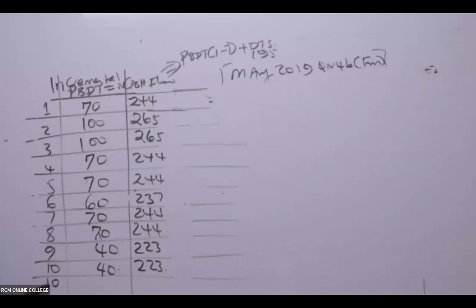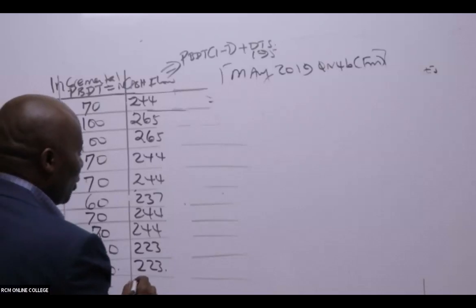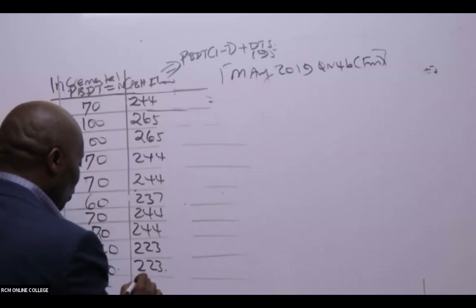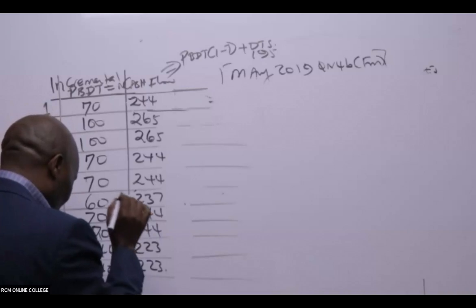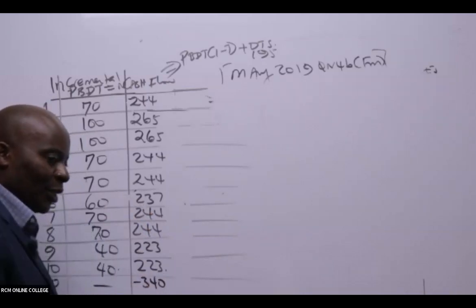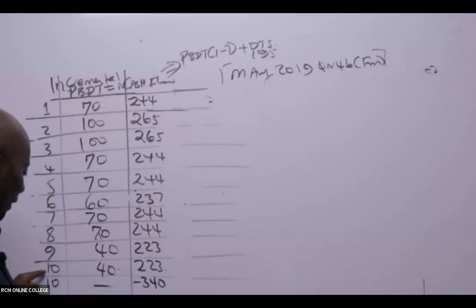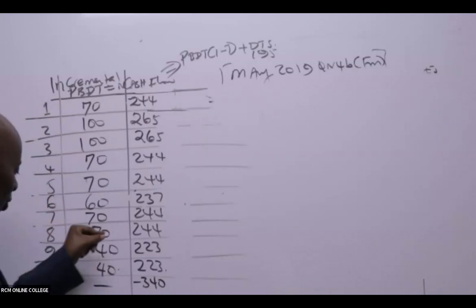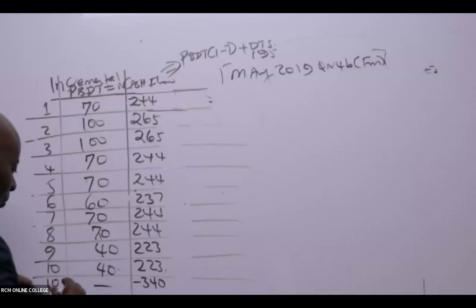Then you duplicate and write another 10, and here you write the terminal cash flow, the incremental. Was it minus 340 the last year? If it was a project ending in year 8, you would write 8 for the normal and then 8 for the terminal. So this is terminal.